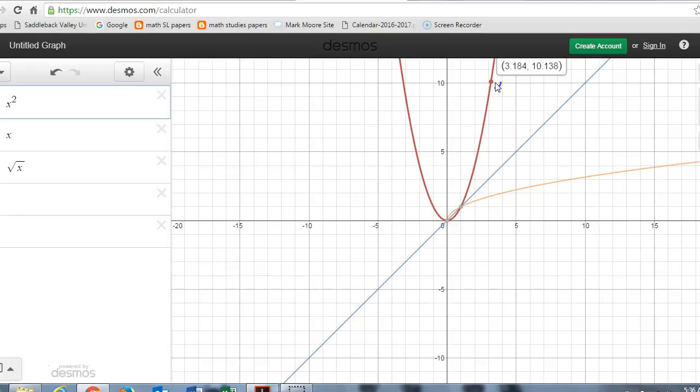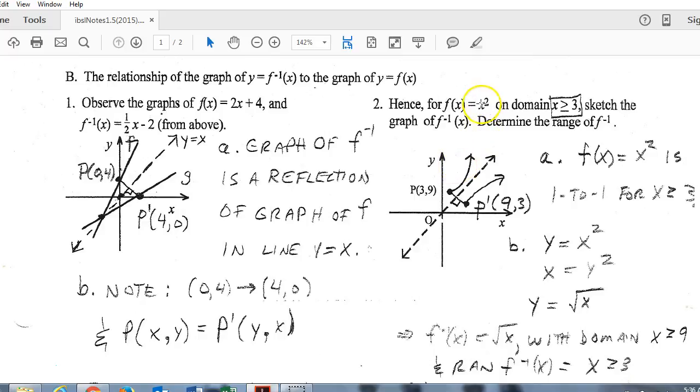And so that's how we get the range of the original function. So the range of the original becomes the domain of the inverse. And so right here the domain of the inverse would be x's greater than or equal to 3. We always use x's for domain and y's for range.